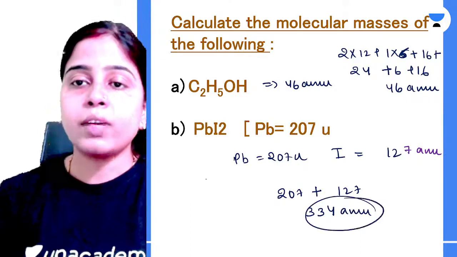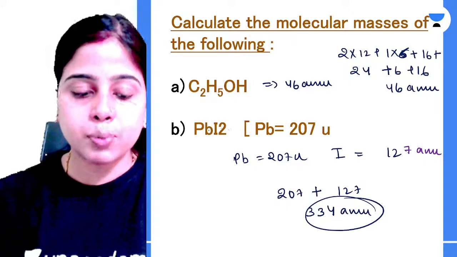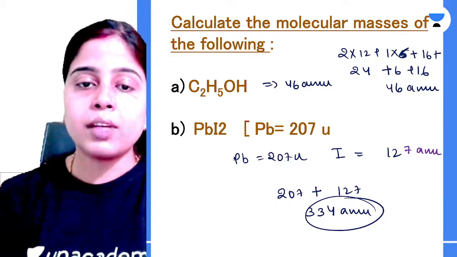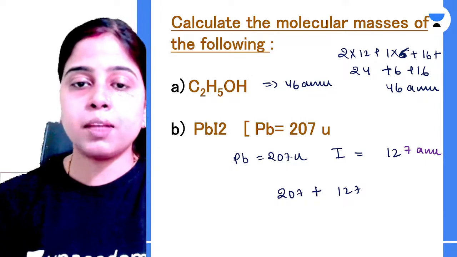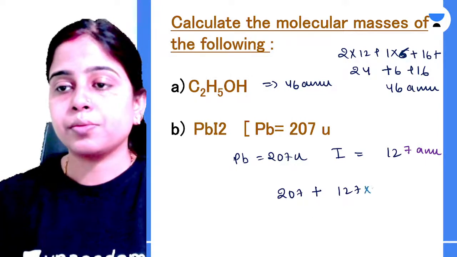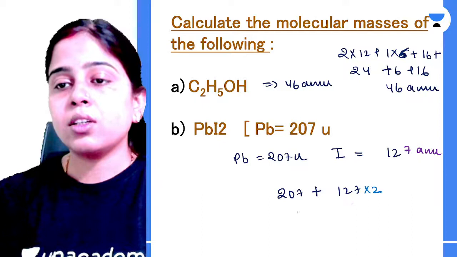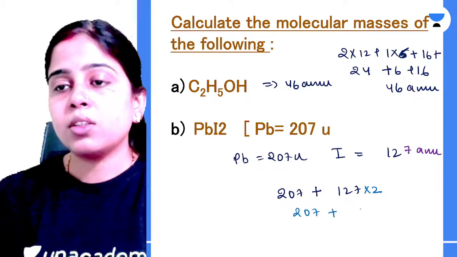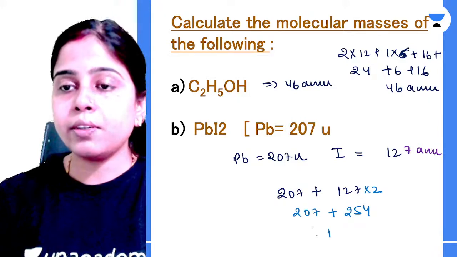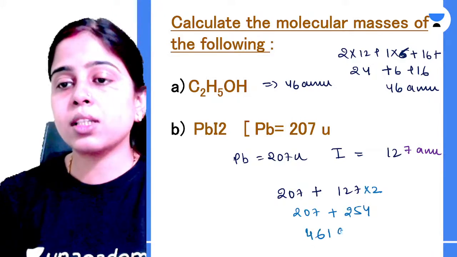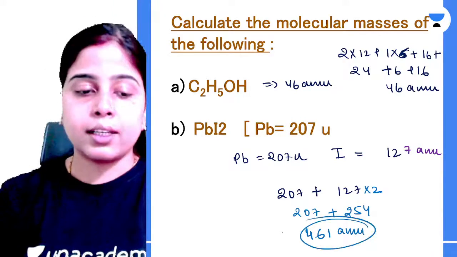Sorry, we have 2 atoms of iodine, because PbI2 is written. So that means this is not the correct answer. We need to multiply 127 with 2. We get 207 plus 254, which gives 461 AMU, the correct answer.